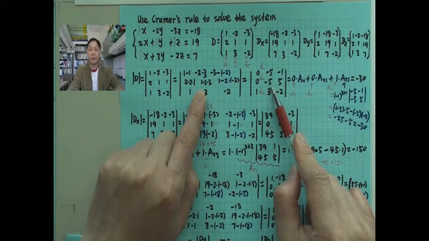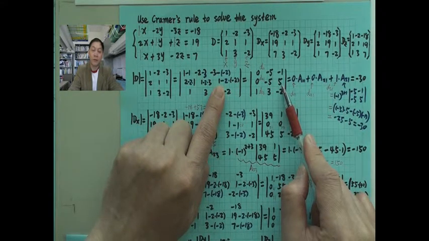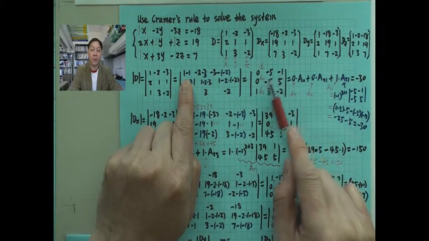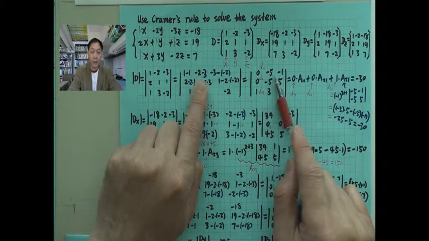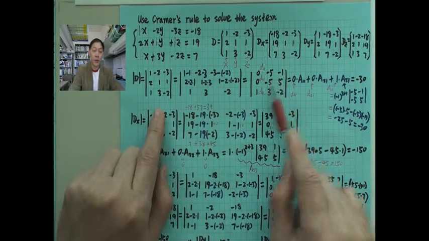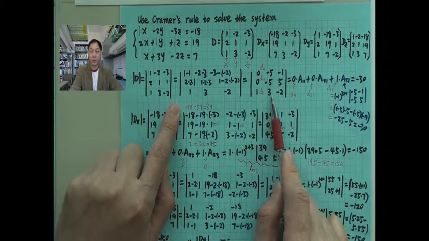We have negative 5. 1 minus 2 times negative 2, that's 1 plus 4. That's 5. Okay? And again, the first one, 1 minus 1, 0, 2 minus 3, negative 5, and here we go, negative 1. Row 3, we didn't do anything. We keep it. 1, 3, negative 2.